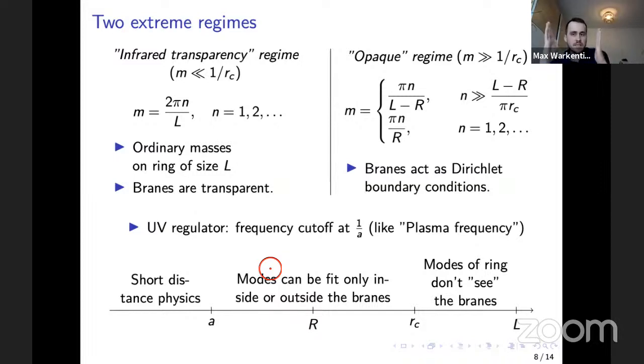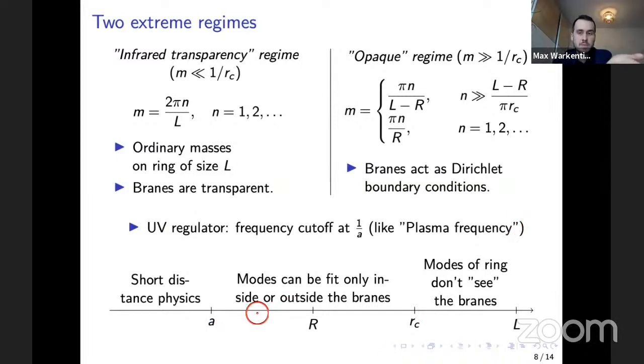The conducting plates are obviously not able to really contain all the infinite frequency modes, because the plasma frequency is just finite, so the field would leak out as well. But if you calculate the Casimir effect and this renormalized energy, you really see that this high energy effect does not enter.